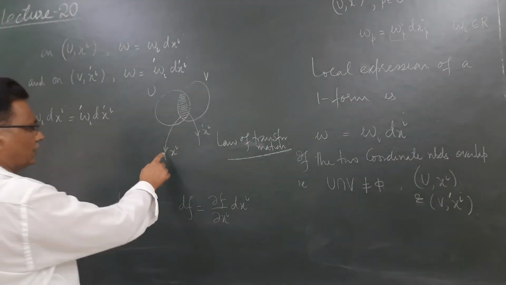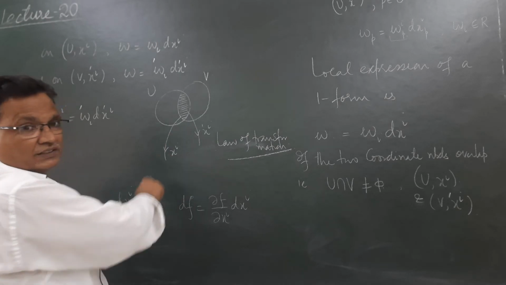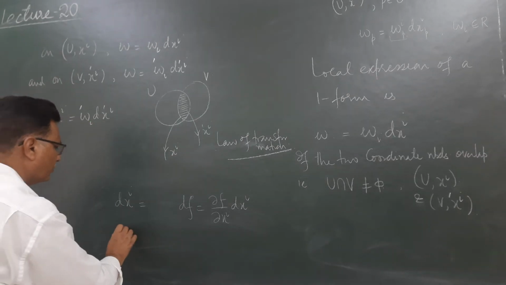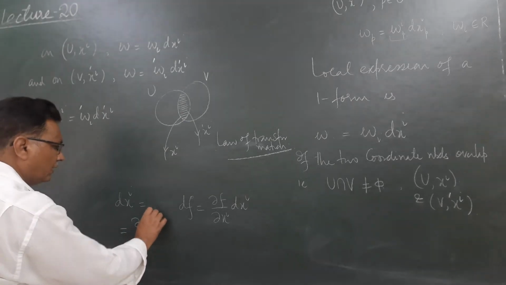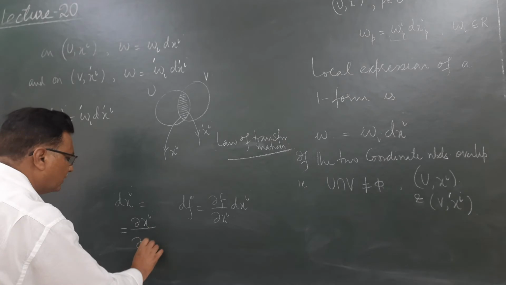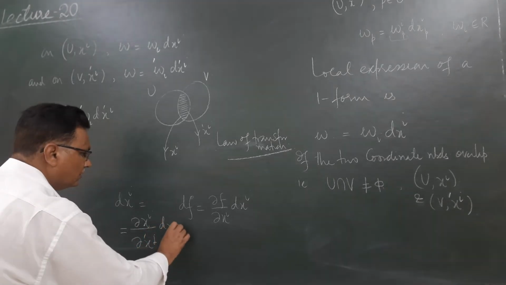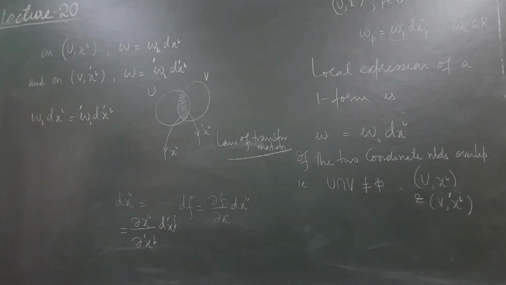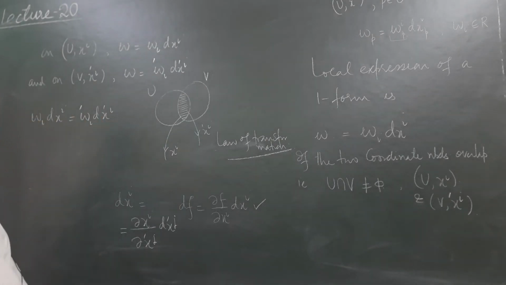So I will consider these as functions and I will differentiate it with respect to x'^j. So dx^i will be equal to delta x^i upon delta x'^j into dx'^j. Is it okay? By this formula, I am writing it.